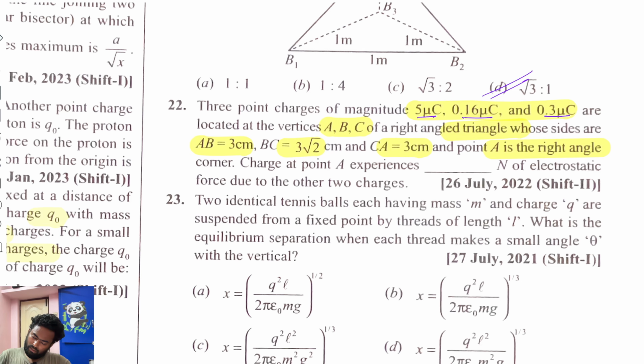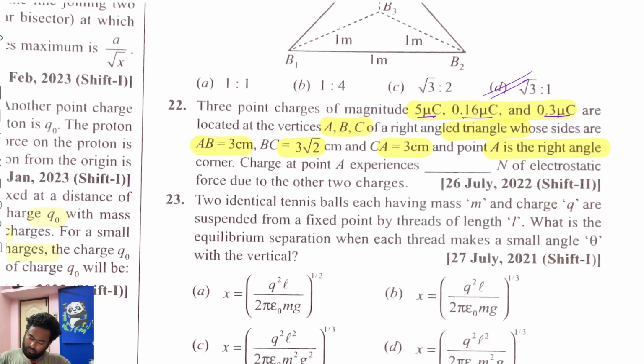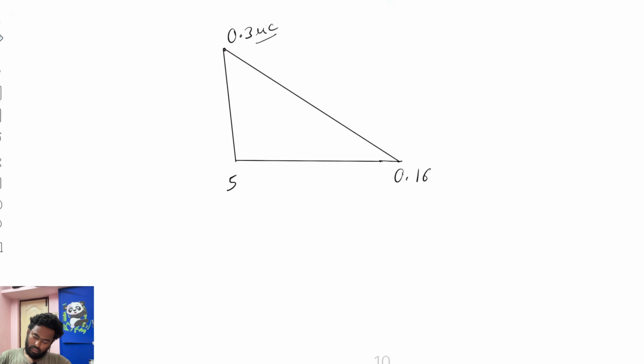ABC, A is at the right angle. 5, 0.16 and 0.3 microcoulomb. So what they are asking? AB, BC, CA are given as 3, 3 root 2, 3. What is the force on charge placed at A? Okay, so this one will repel in this direction. C will repel downward.